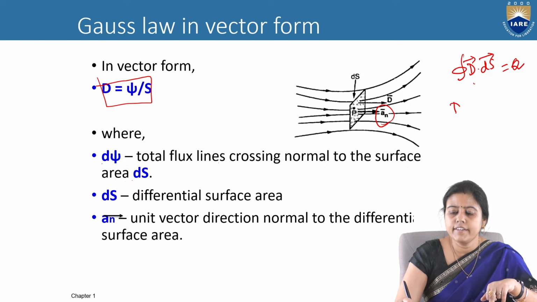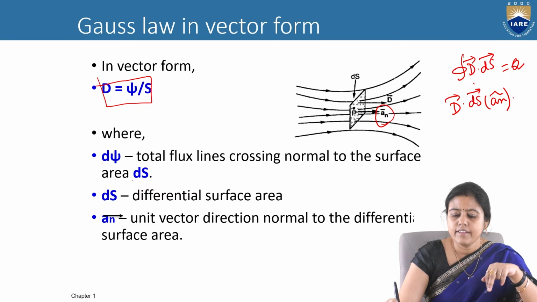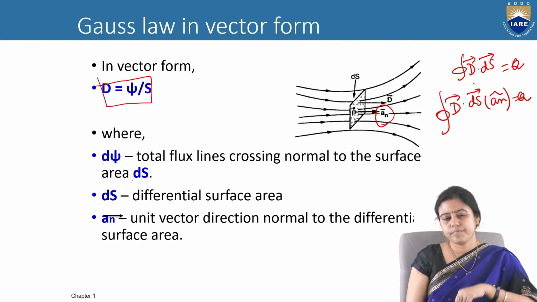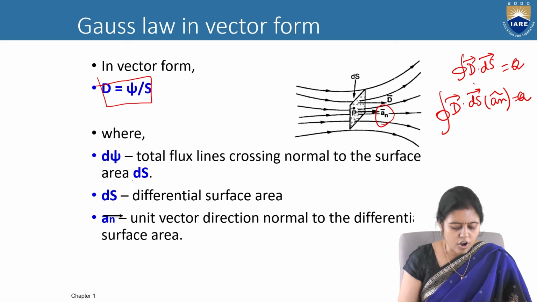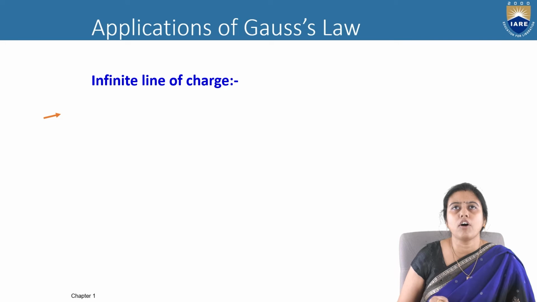We write D dot ds, with ds in the direction an, equal to Q. So this is the Gauss law in the vector form. What are the applications of the Gauss law?